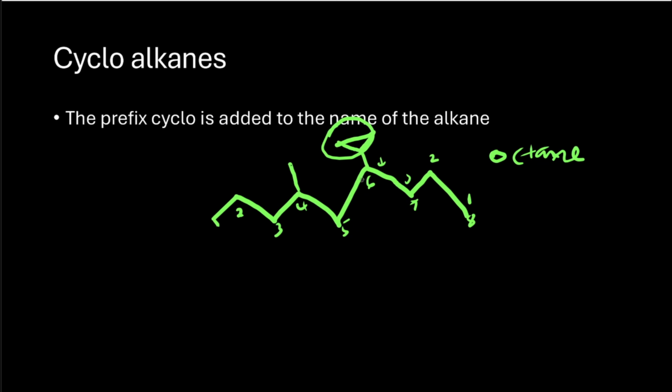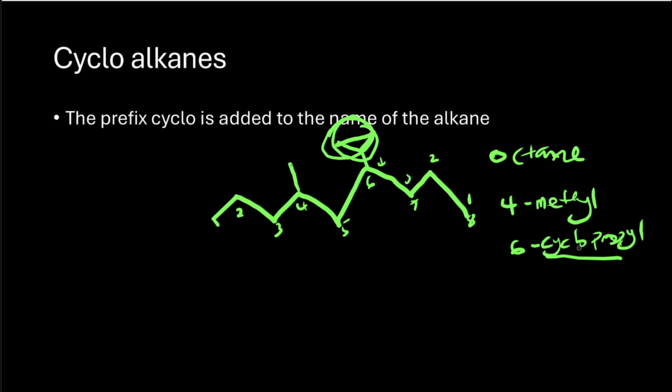So it is 4 either way. So we have 4-methyl, and then we have 6-cyclopropyl.